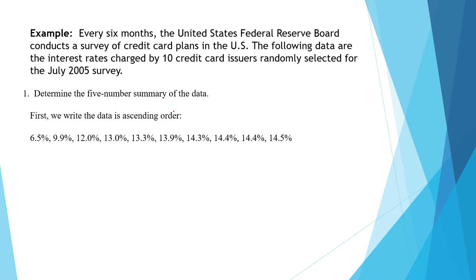Now remember, the 5-number summary is the minimum, Q1, the median, Q3, and the maximum. I always start by looking for the minimum first. That's going to be 6.5%. The maximum is the 14.5%.